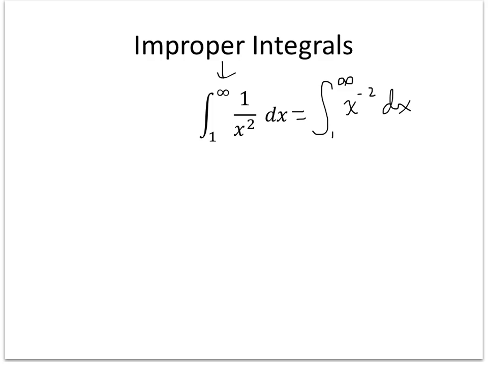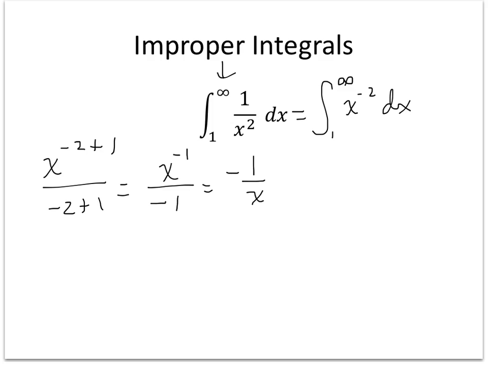So the antiderivative is x to the minus 2 plus 1 over negative 2 plus 1, which would be x to the minus 1 over negative 1, which would be the same thing as negative 1 over x, and I'm evaluating this from 1 to infinity.